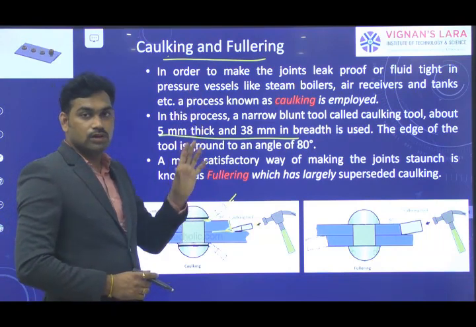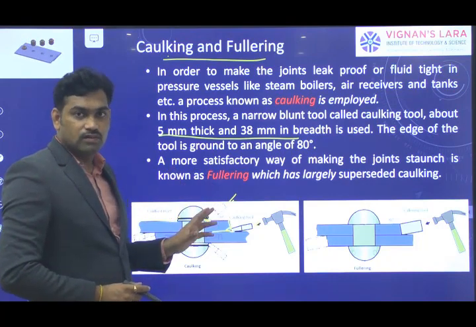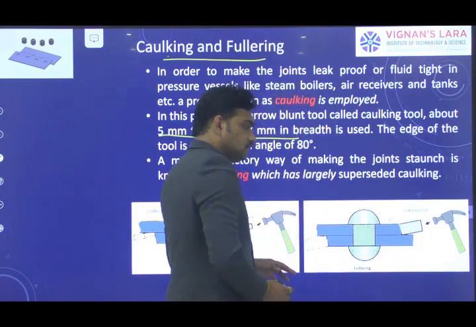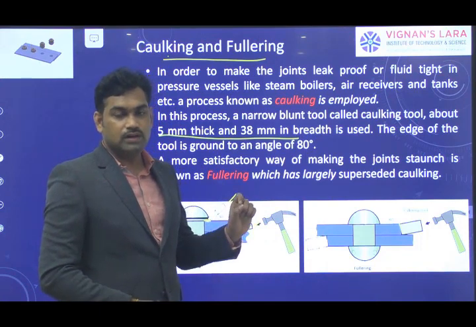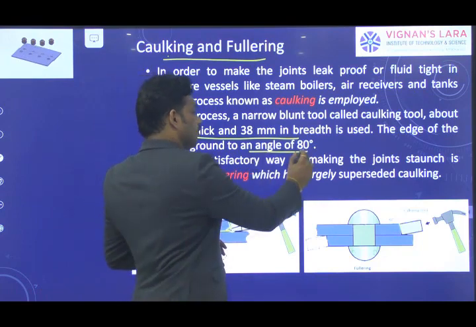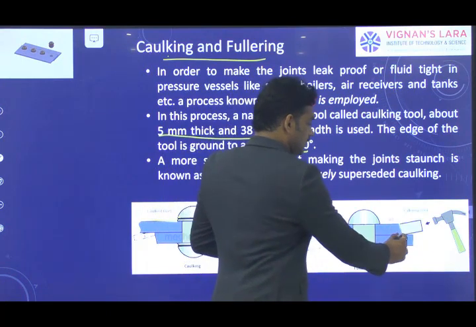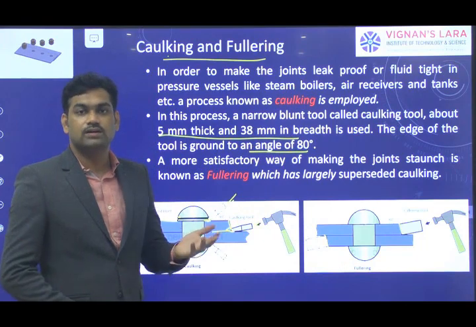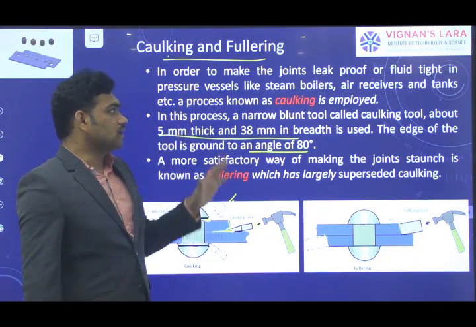But the fullering tool is taken equal to the thickness of the plate, whatever the thickness we have. It is applied with force at an inclination of 80 degrees, so that the edges of the plates can be closed by means of the fullering process. To avoid leakages between the joints, we can go with this caulking and fullering process.